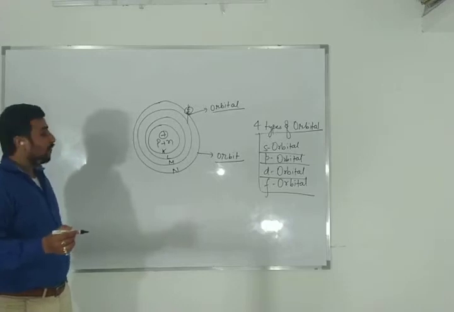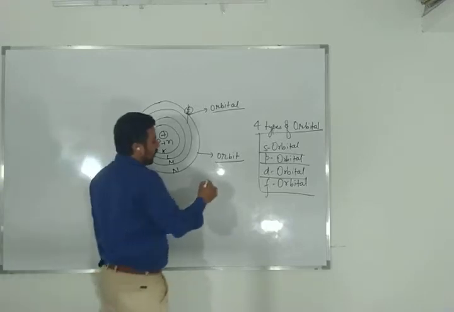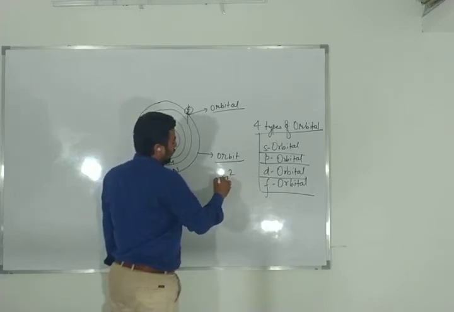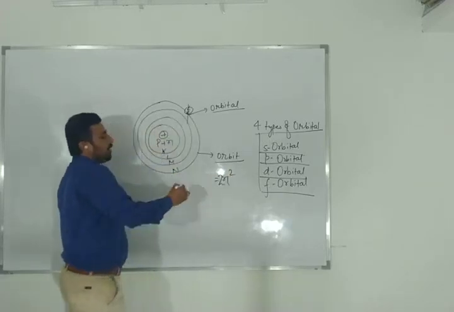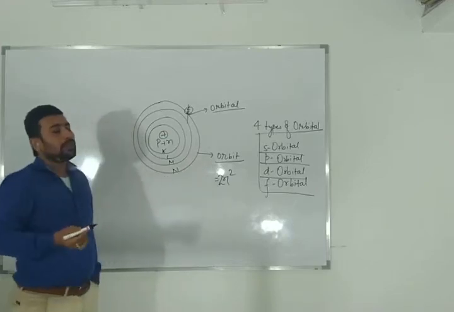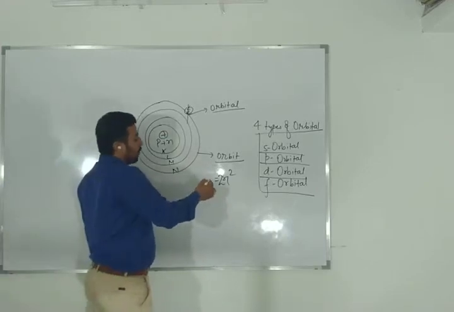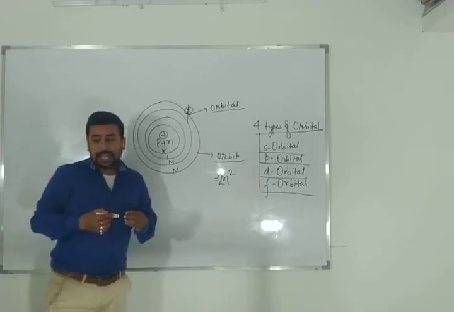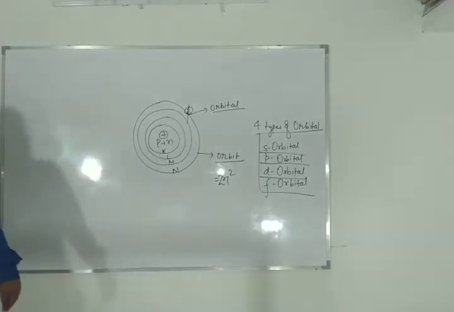Have you remembered the formula? The number of electrons present in an orbit is 2n squared. How many electrons will be present in one orbit if the value of n is equal to 1, similarly second, similarly third. I hope all these things you have learned in the second chapter.